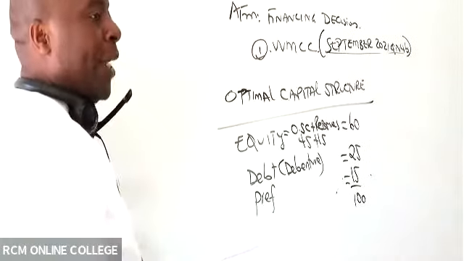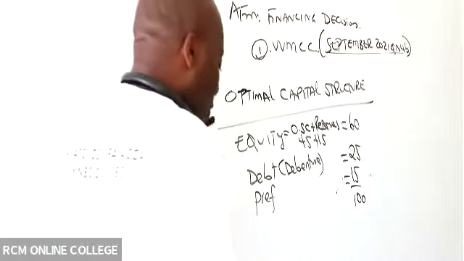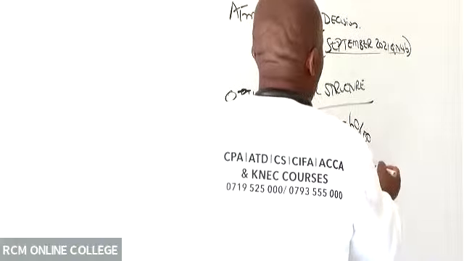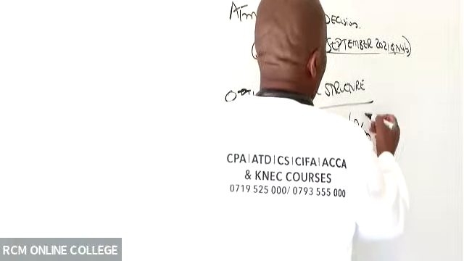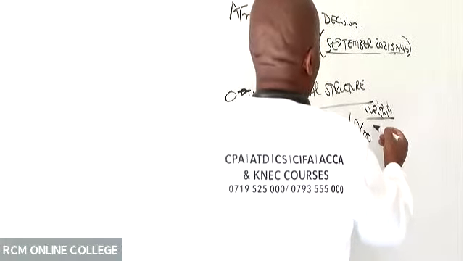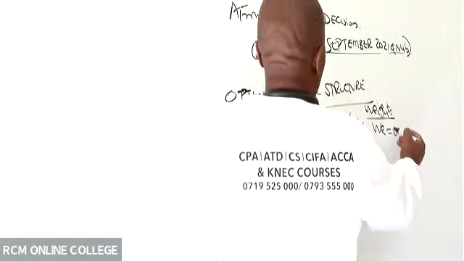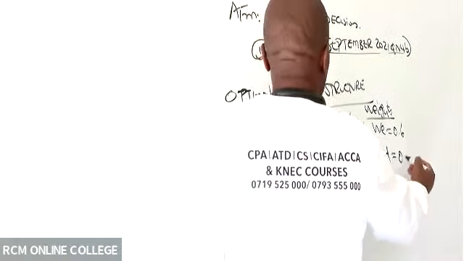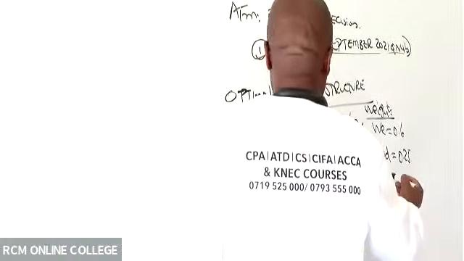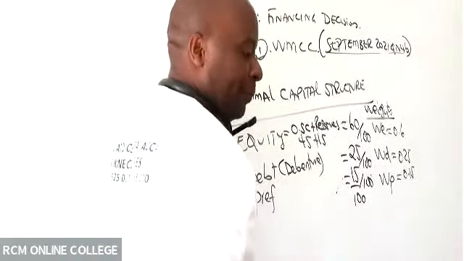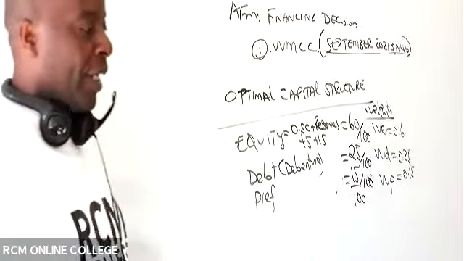So in form of weights, because I'm interested in the weights, each will be divided by 100. So the weight of equity is 0.6, the weight of debt is 0.25, and the weight of preference is 0.15.